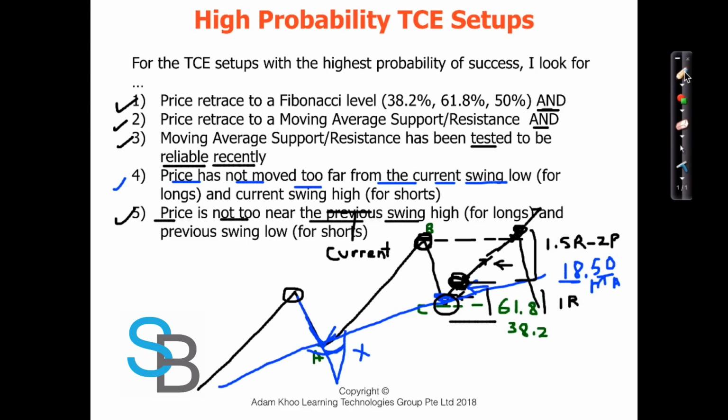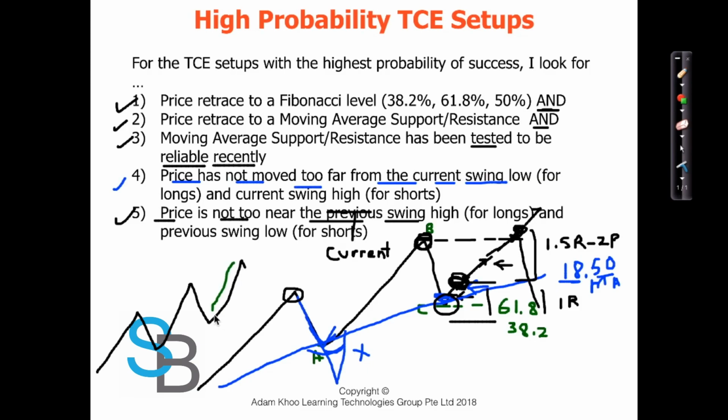Remember how wave patterns unfold in the markets. So a wave pattern always goes like that, right? It goes up, comes down, goes up, comes down, goes up, and so on and so forth, and repeats the process. So again, when we are trading the TCE, we want to capture as much of this area as possible.